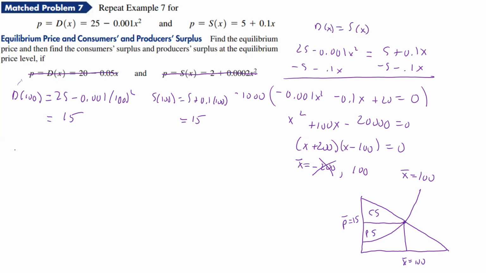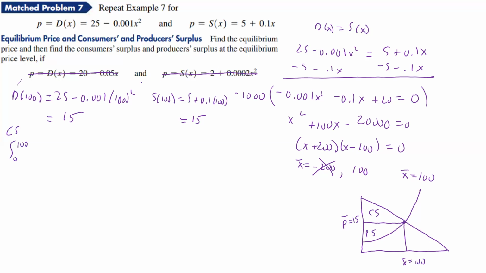So to do that, we're going to go from 0 to 100, and let's do the top one first, the CS, consumer's surplus. We'll take the top line, which is the demand. Let me make sure I have this right.